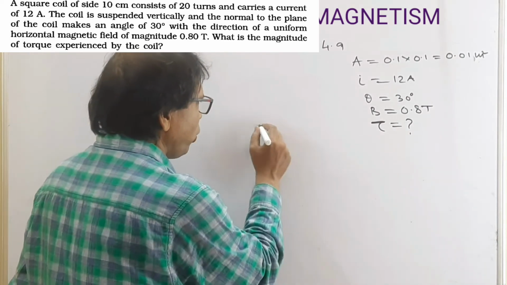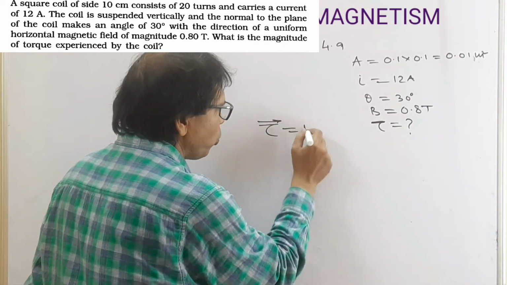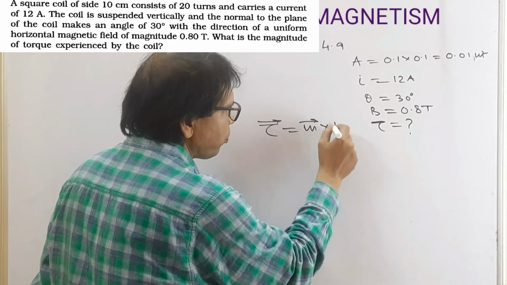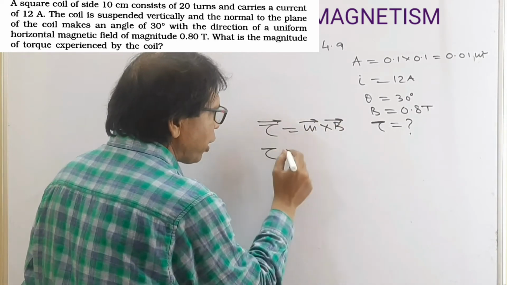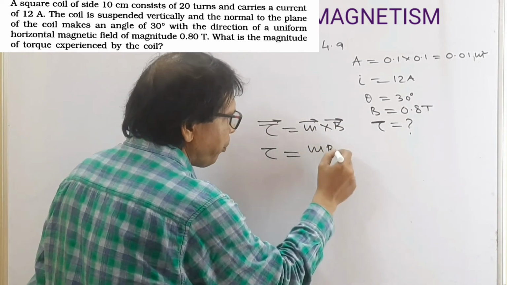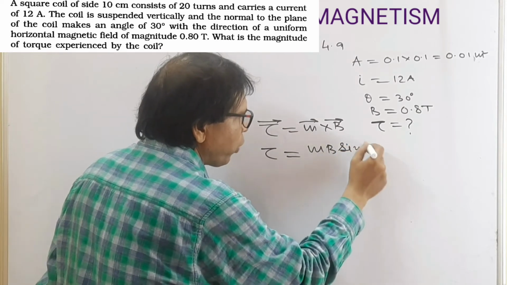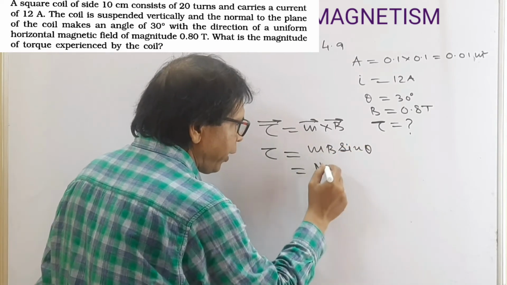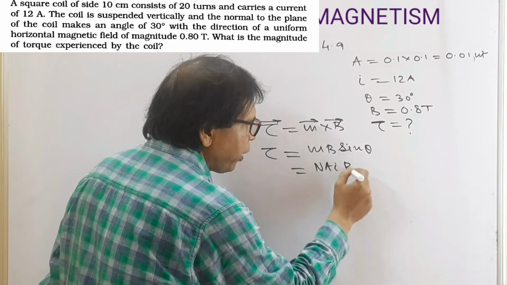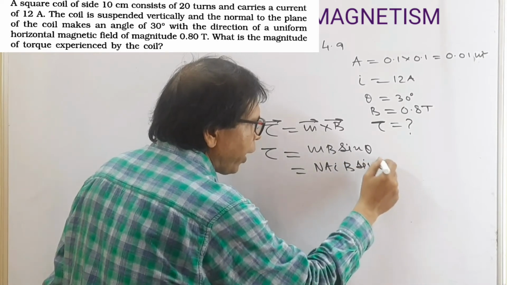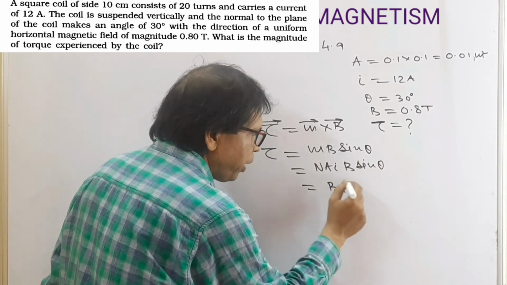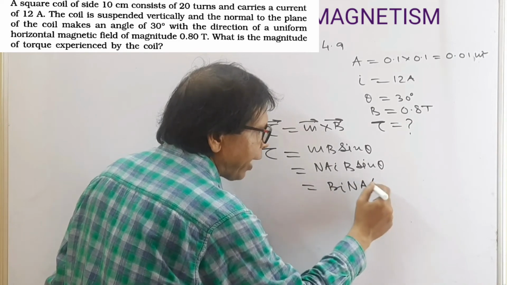Now look at this, we know tau vector equals M vector cross B vector. Now this is tau equals MB sin theta. Now M equals NAI, so this is BINA sin theta.